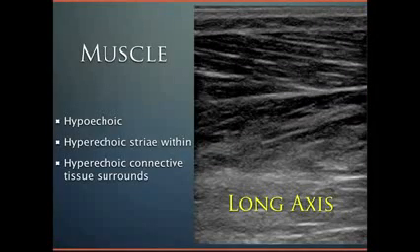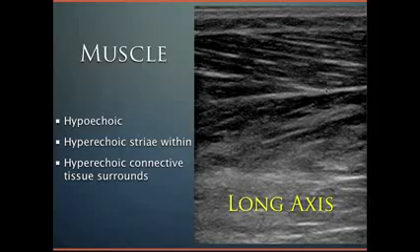Now, muscle is hypoechoic, and we can see within the muscle itself hyperechoic striae, as we can see here, in the long axis of the muscle. So we line up that linear probe in the long axis of the muscle, we can see these hyperechoic striae going across, and in between the different muscle bundles, we can see hyperechoic connective tissue surrounding them.